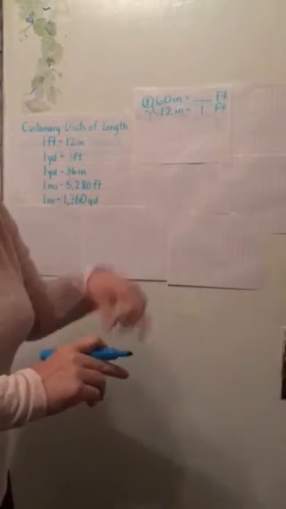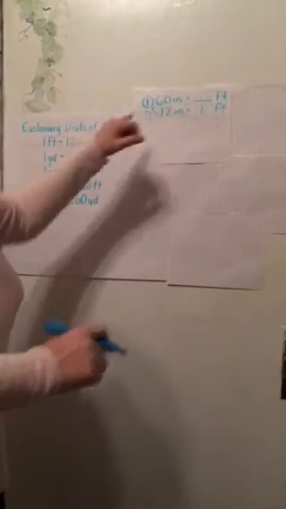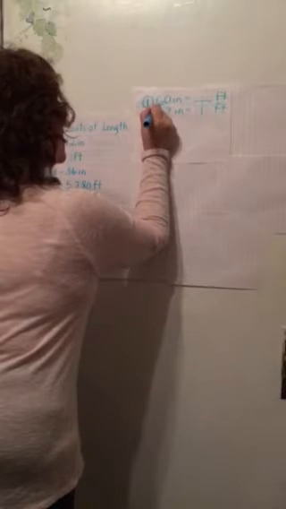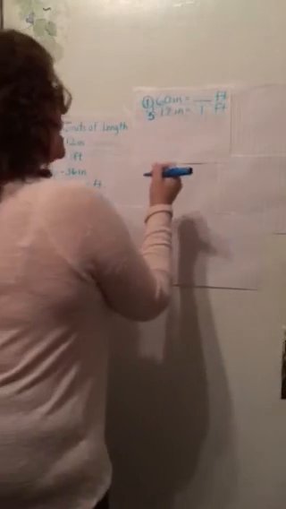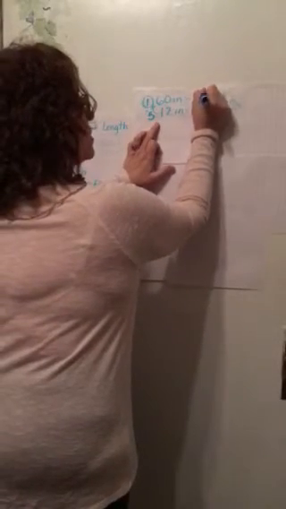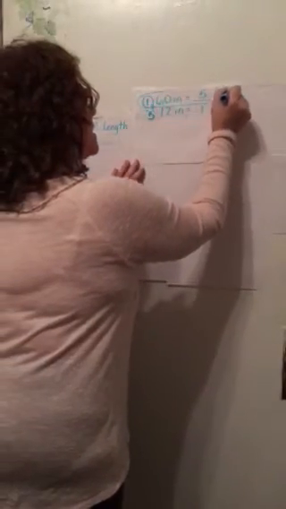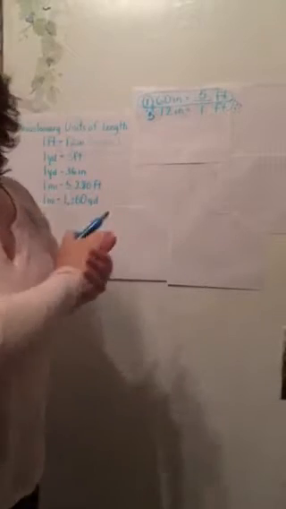Instead of coming to school, they're coming right to your house this time. So, if 12 times 5 gives us 60, we have to do the exact same thing on this side. 1 times 5 will give us 5. So, 60 inches equals 5 feet.